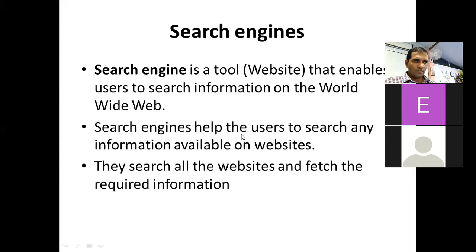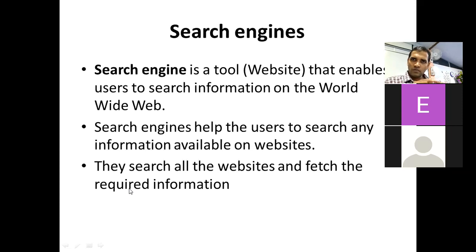Search engines help users to search any information available on websites. You can search any kind of information, whether it is computer related, literature related, a sporting activity, or related to a novel, whatever. You can search using search engines. They search all the websites and fetch the required information.